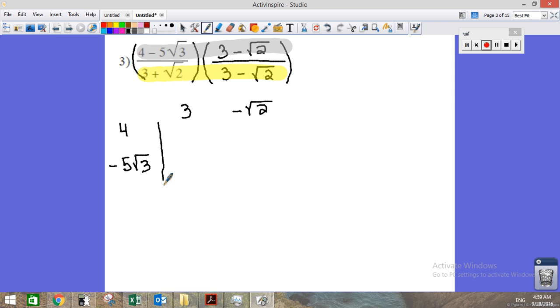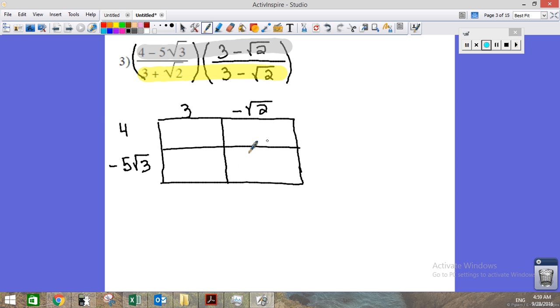So that way, for those of you that prefer FOIL, we are doing FOIL. We're just, instead of writing it all on one line horizontally, writing the first two terms on the top row of the table, and then the bottom. When you spell out FOIL, the first terms, the outside terms, the inside terms, and the last terms, we're going to get the same answer.